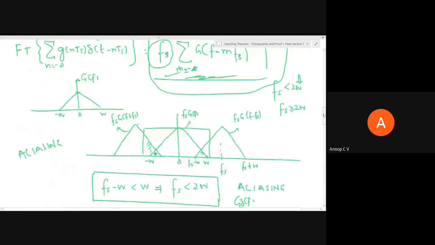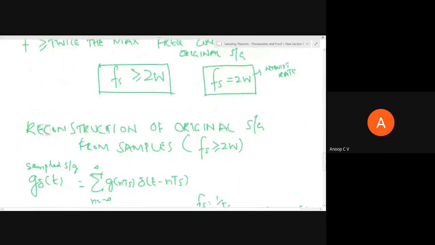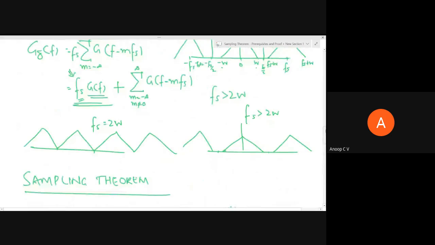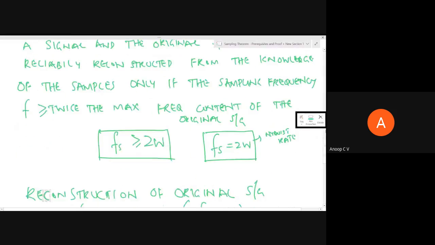That's what we have seen in today's session, and we have even seen that when fs is less than 2W, the individual replicas of G of f located at multiples of fs, the adjacent ones will overlap, and that creates an issue while we are trying to reconstruct the original signal. That is called aliasing.